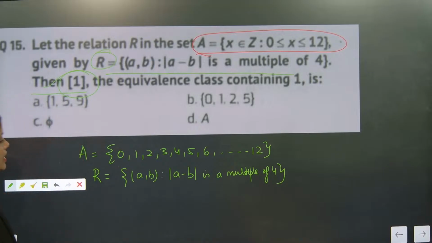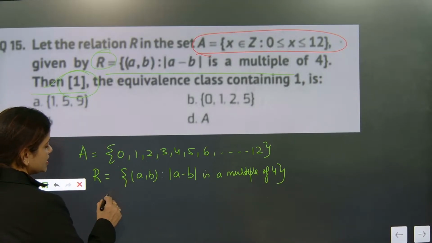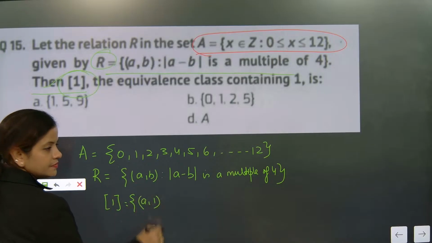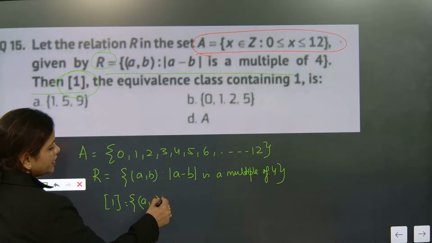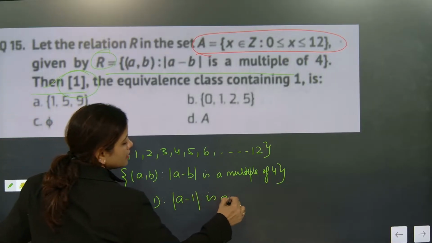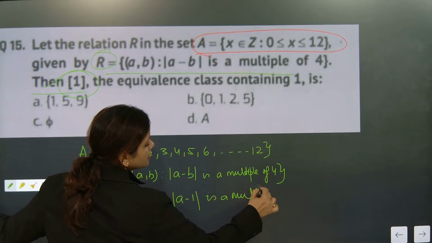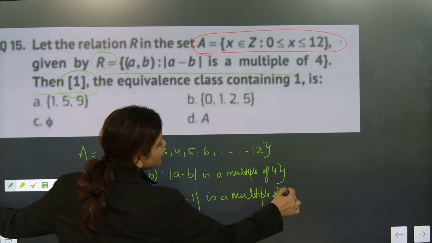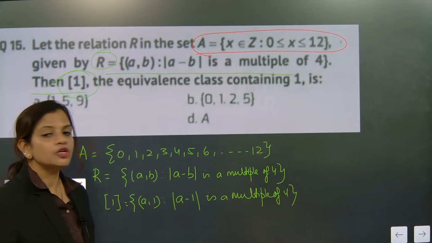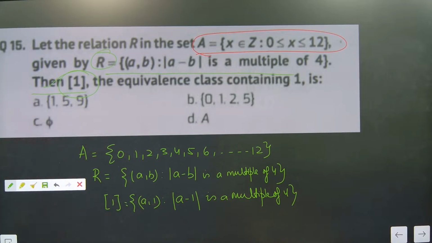Now everybody understand what is the meaning of equivalence class for 1. Equivalence class for 1 means out of these two, anyone you are going to take it as 1. Understood? Then it will become A minus 1 is a multiple of 4. Now which numbers you are going to put here so that it will become multiple of 4?